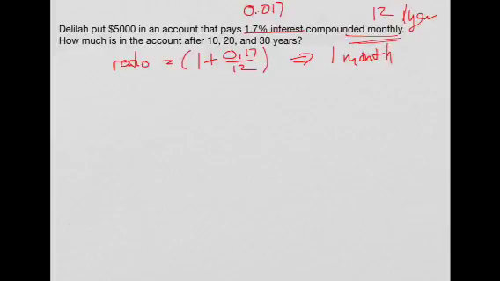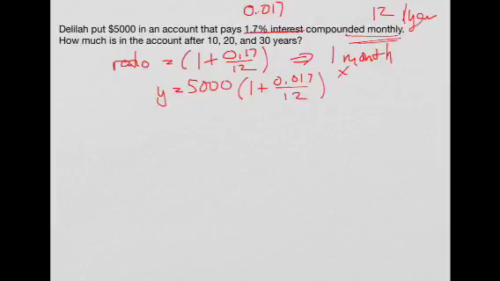So when we write our equation, we're going to say the amount she has, she's going to start with $5,000. And we're going to go that 1 plus 0.017 divided by 12.